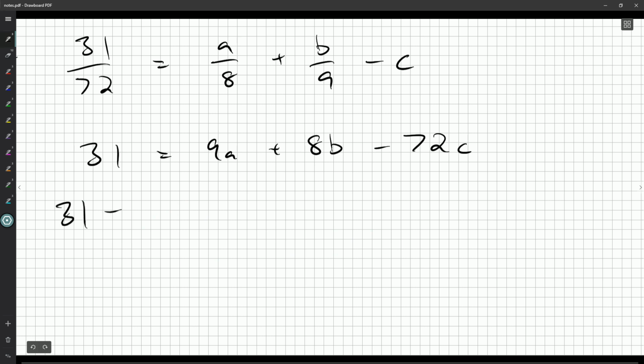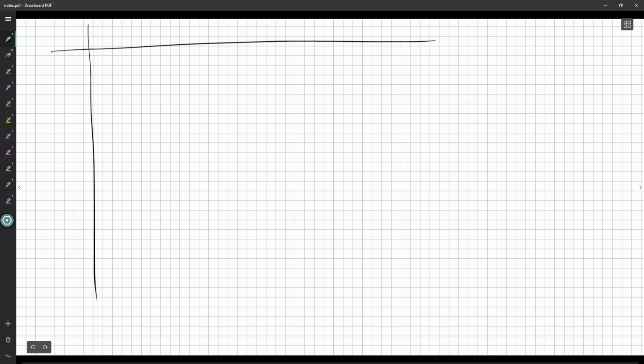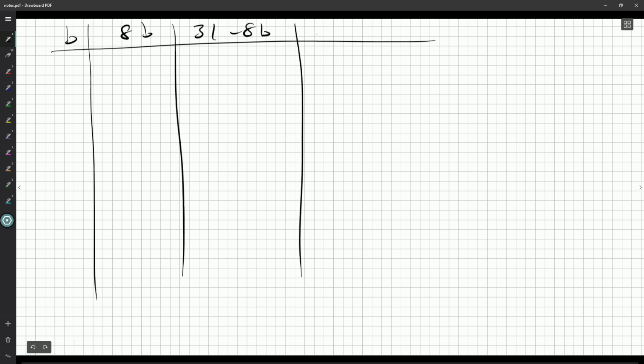So let's rearrange this equation really to highlight this fact. So we've got to get a multiple of 9. Well, let's make a nice little chart of values. So B, what 8B is, what 31 minus 8B is, and then we'll say multiple of 9.